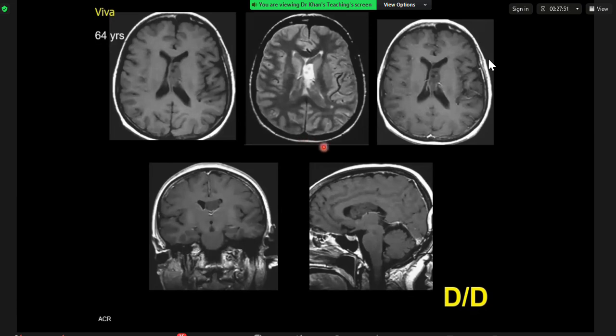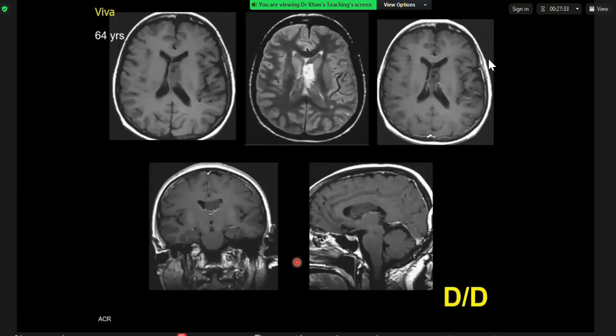There are areas of low signal within this lesion itself, and there's possibly some mild hydrocephalus on that side compared to the contralateral aspect. And looking at the sagittal images, I don't see any other lesions at all levels.